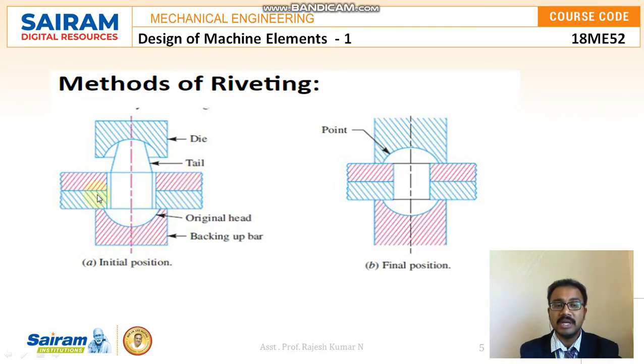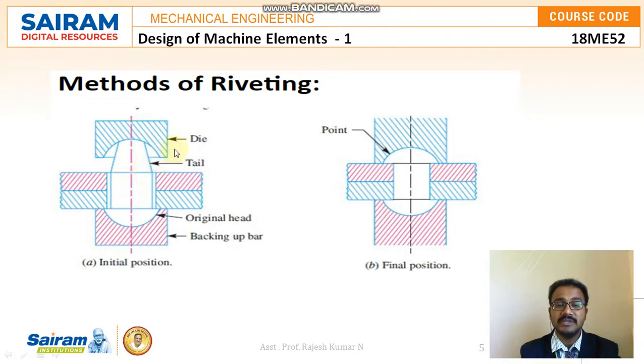In the initial position, I keep the two plates together, and use the original head rivet, which consists of a cylindrical body with a head over it. I keep the head at the bottom, and the hole is already drilled in the two plates which I am planning to join. Once that is done, I keep these two plates on the head of the rivet, and later I will be inserting or mounting a die on the tail part.